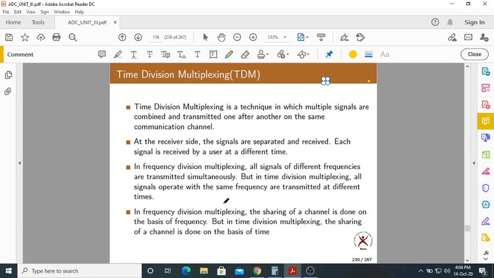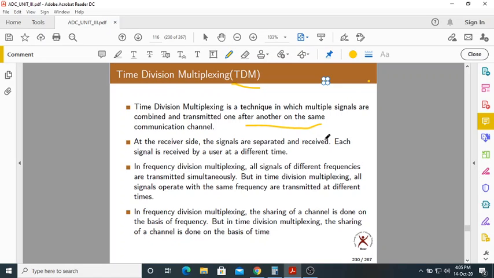These are simple theoretical things. By defining time division multiplexing, what do we do? We transmit multiple signals at different times, one after another through the same channel. That is called time division multiplexing. Here there is a division in time.